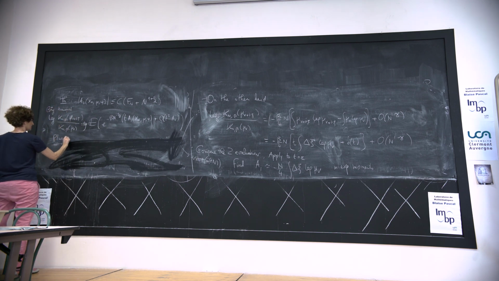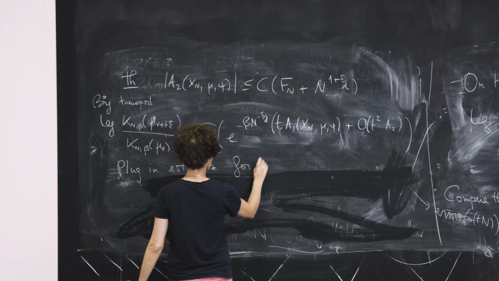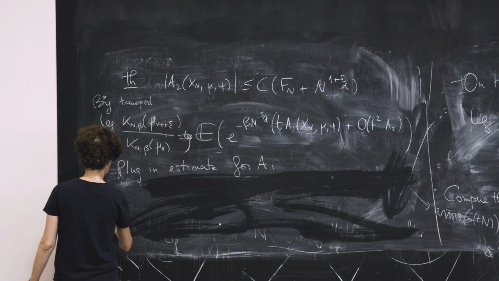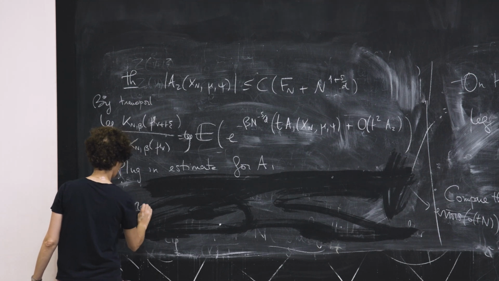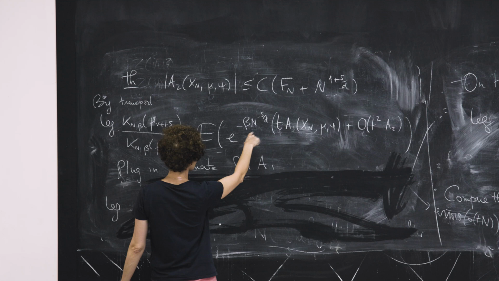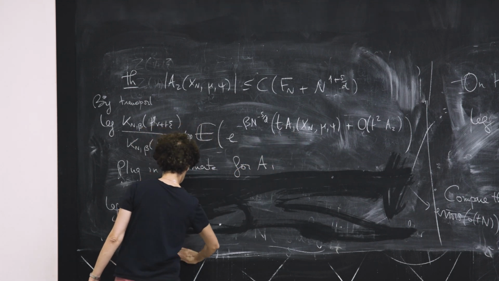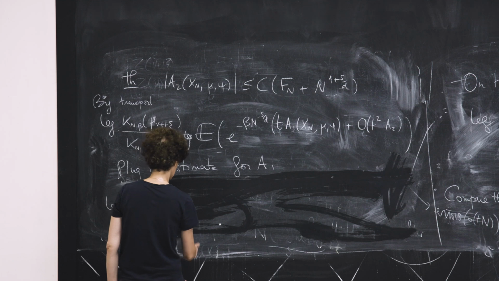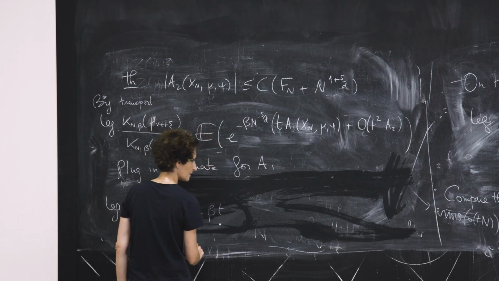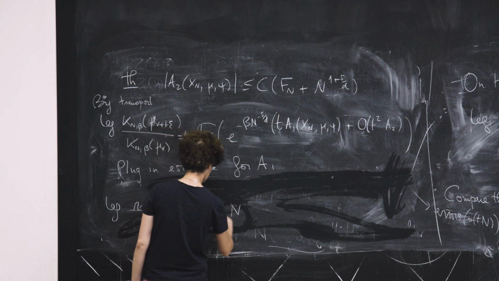So plug in estimate for A1. And we get that the log of the ratio is now equal to, so the log of exponential thing, this, I'm going to estimate this by a constant, so it comes out of the expectation. And so it's going to be minus beta t, and there's a 1/4.